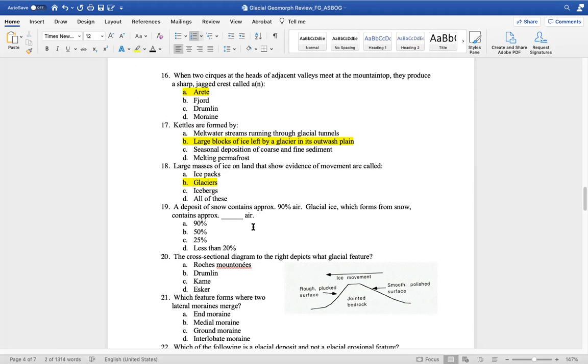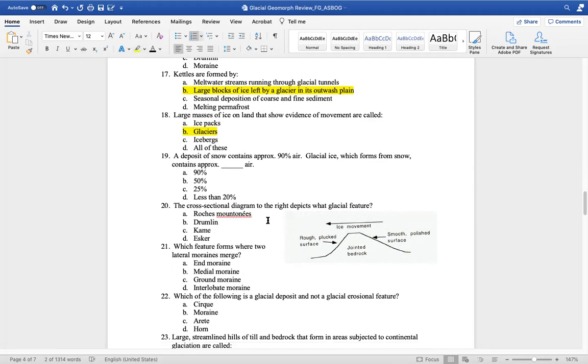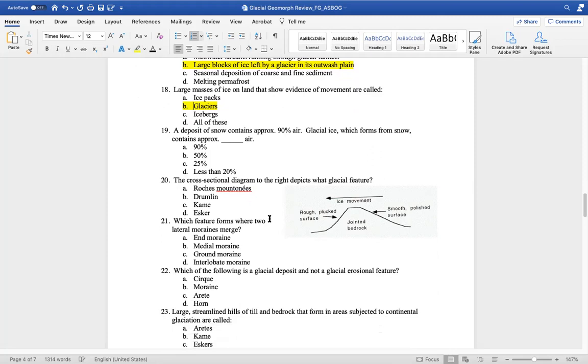There we go. A deposit of snow contains approximately 90% air. Knowing that, glacial ice, which forms from snow, technically forms from firn, but we'll ignore that, contains approximately how much air? You have to think about what's happening here.